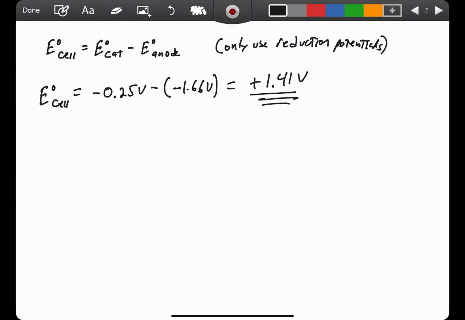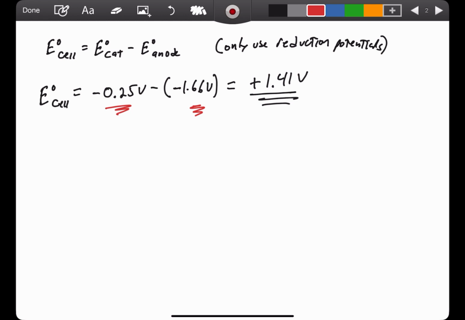Now notice something I did here or didn't do is I did not change the values of my E0 cathode or E0 anode. Even though the half reactions themselves had to be multiplied by 3 and by 2, your cell voltages are intrinsic properties and they don't change with the amount of material that gets used.